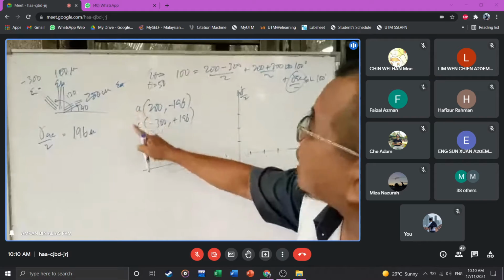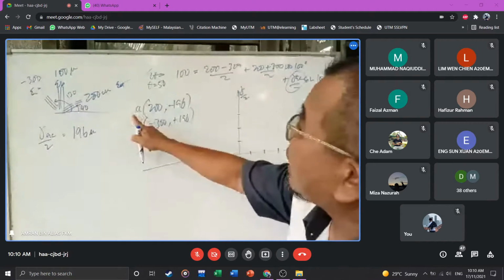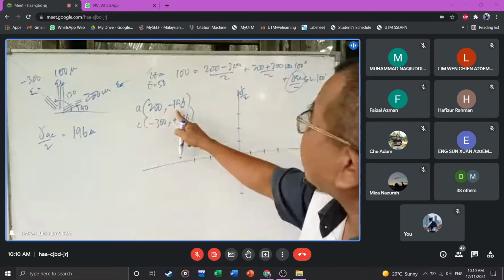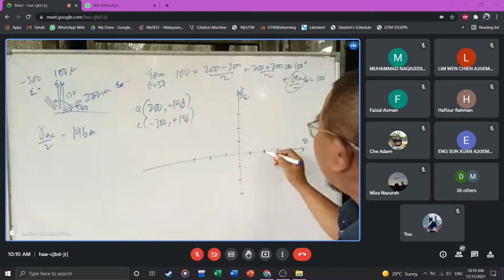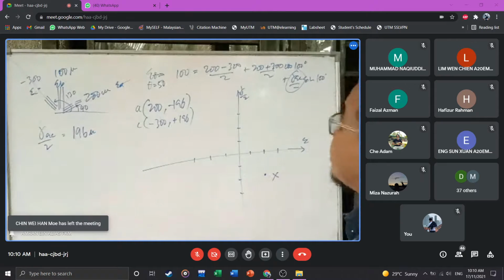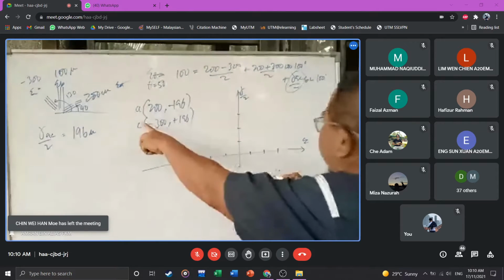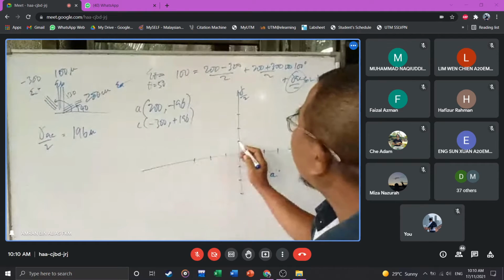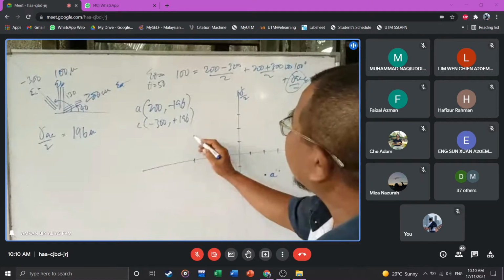I want to plot A and C. A is 200, negative 196, somewhere there. And your C is negative 300, 196, somewhere there.